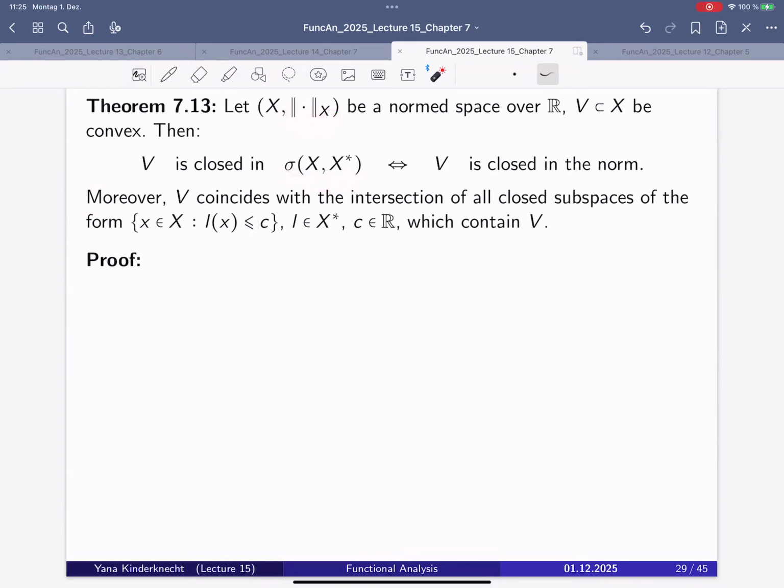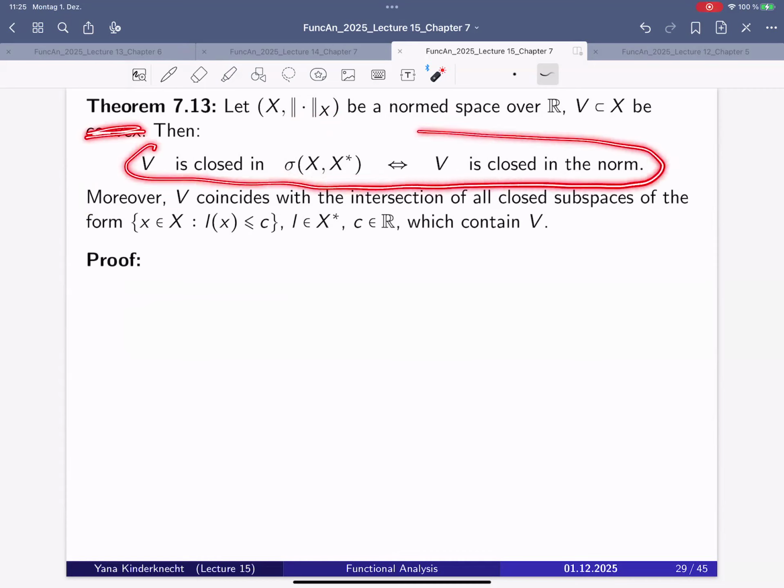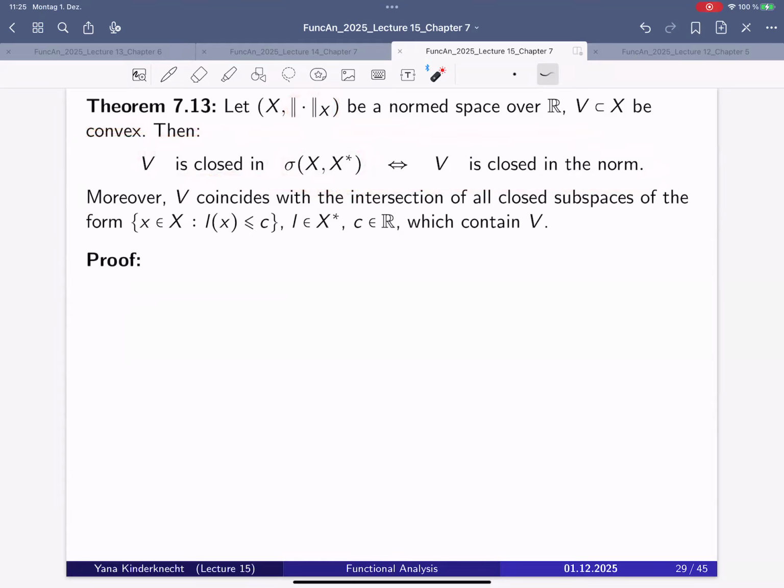So without convexity, we cannot prove anything like this, because in the infinite dimensional situation, the weak topology is strictly weaker than this one. But then the miracle occurs: if V is not just a set, but a convex set, then closedness in the weak topology for a convex set is the same as closedness in the norm.